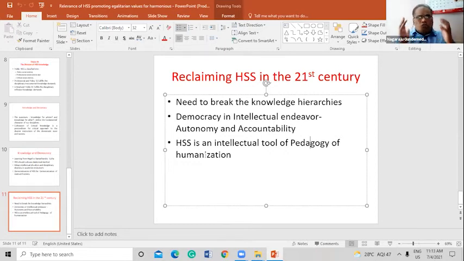The educational institutions have to play a very vital role by simultaneously fulfilling the professional obligations on the one hand, that is working towards the intellectual endeavor in the form of knowledge production, and at the same time working towards democratization of knowledge.